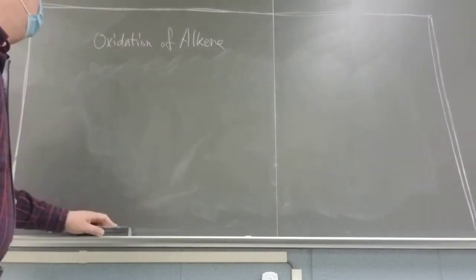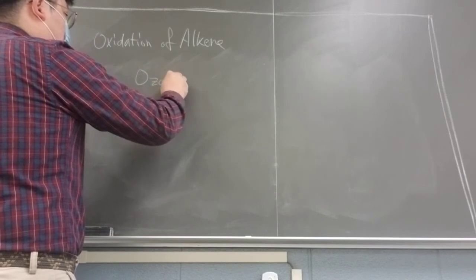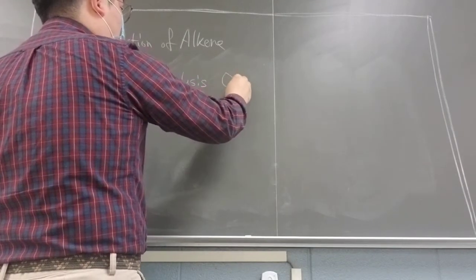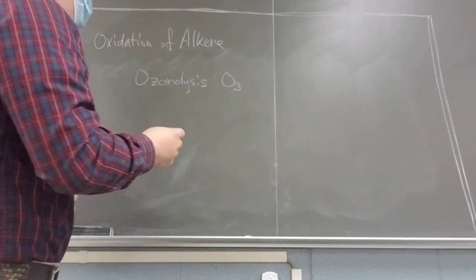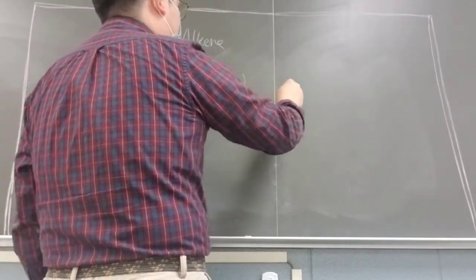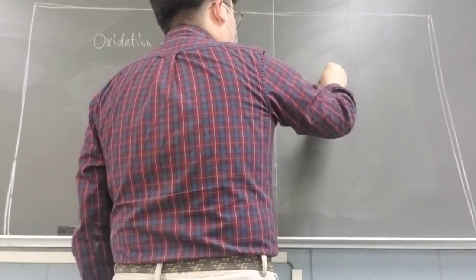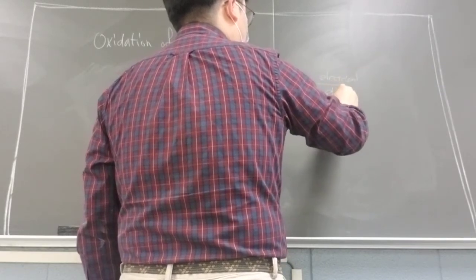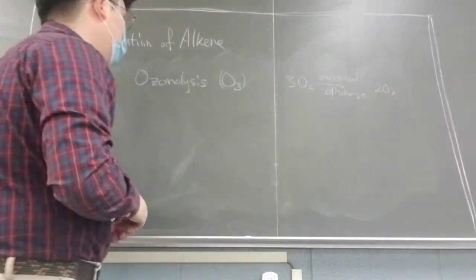Another one that we're going to do is what we call ozonolysis. We're going to use O3 to break the alkene compounds into two carbonyl groups. You're going to have an electrical discharge to make O3, ozone molecules.